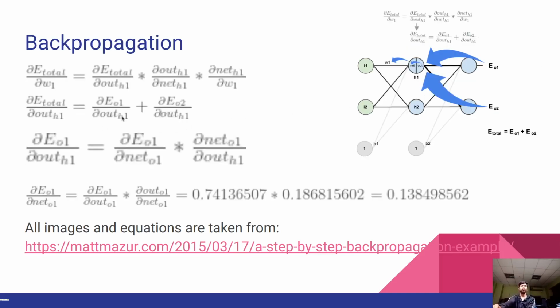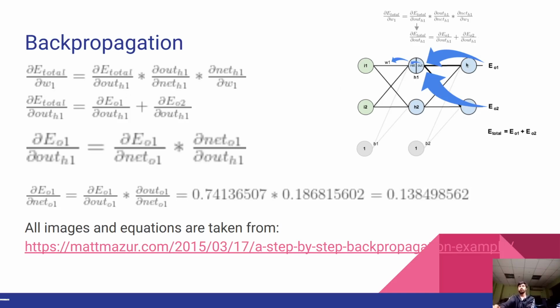We will explain E total later, but just consider it as the cumulative error with respect to H1, then with respect to the sigmoid, then with respect to W1. The problem is that E total is not directly dependent upon W1.